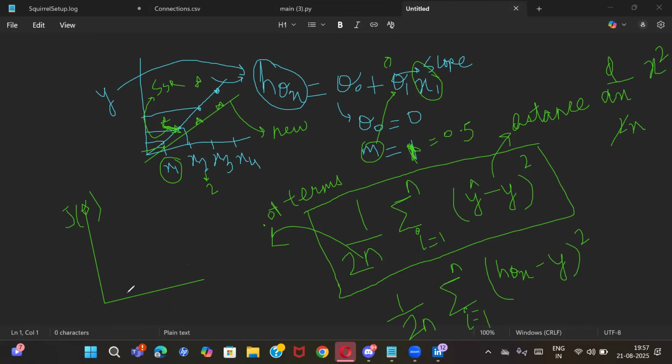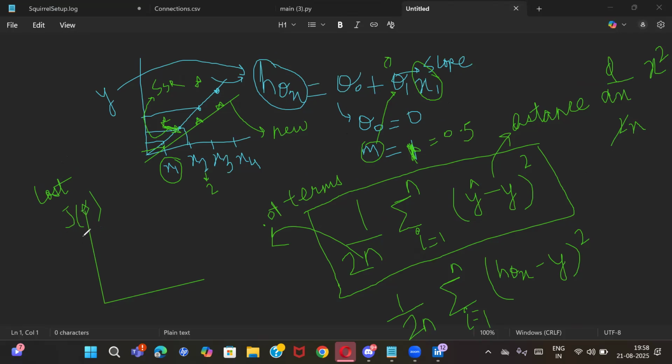J theta is nothing but our cost function. If you look, previously I only told about theta naught and theta slope. For that reason, I will crop the video of that, and then you can understand.